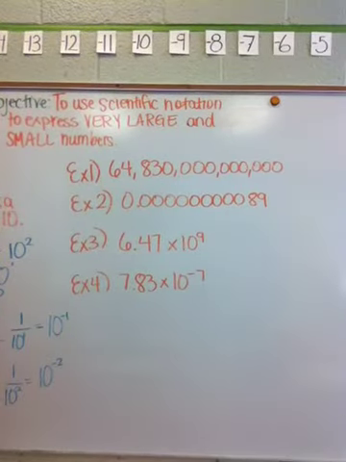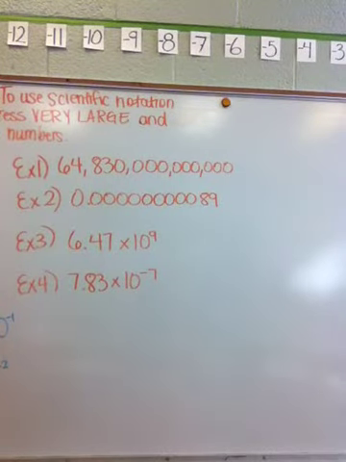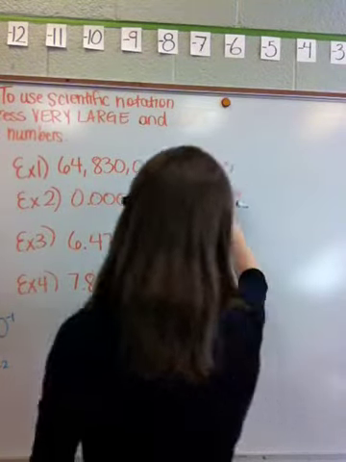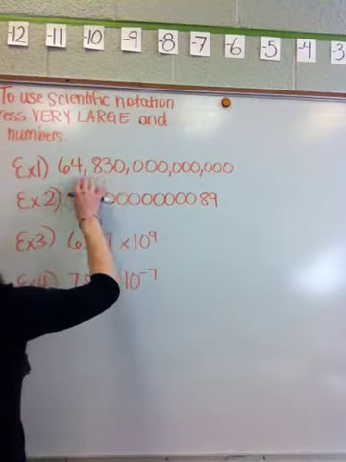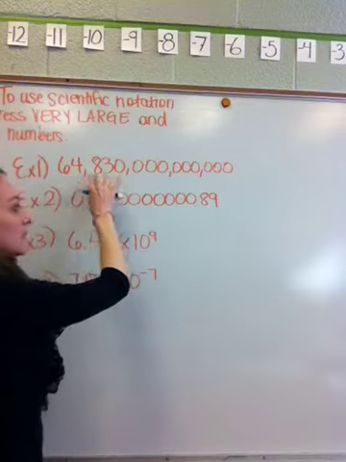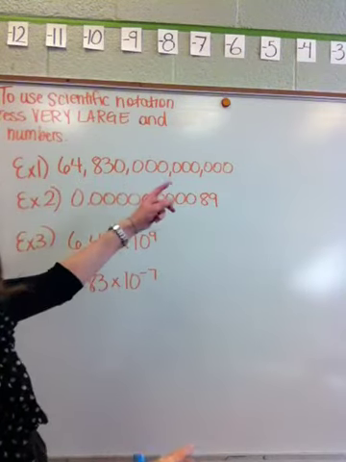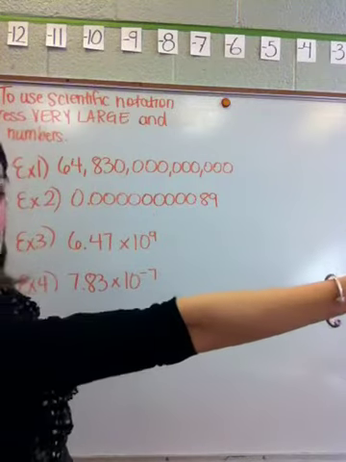I have some examples on the board. Let's look at example 1. We have hundreds, thousands, millions, billions, trillions. What we want to avoid is having to write this number as this huge number.